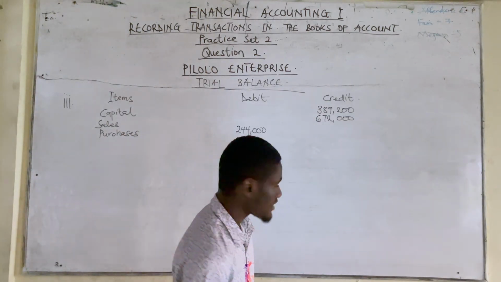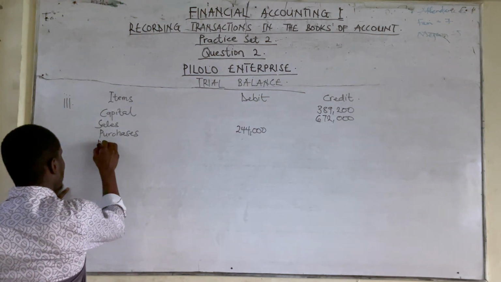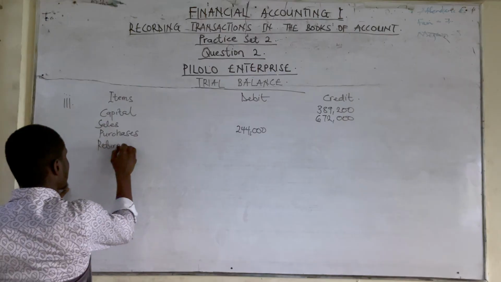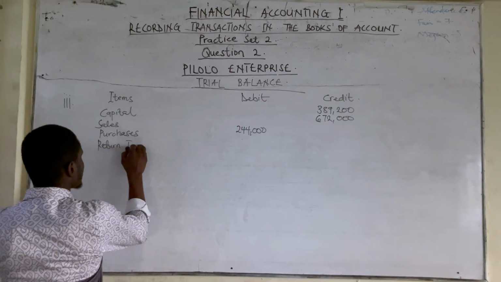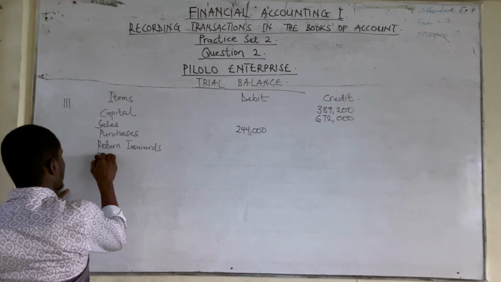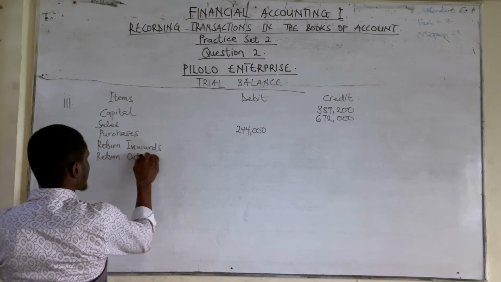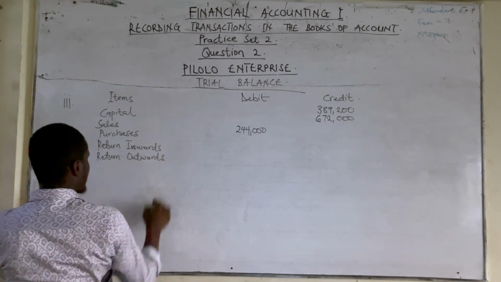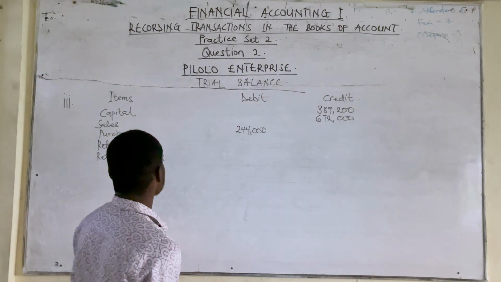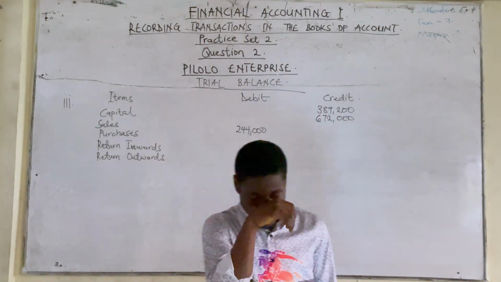We have returns inward. Okay, so returns inward, and returns outward. Good. You should know that the balance will let us know where you are supposed to report.